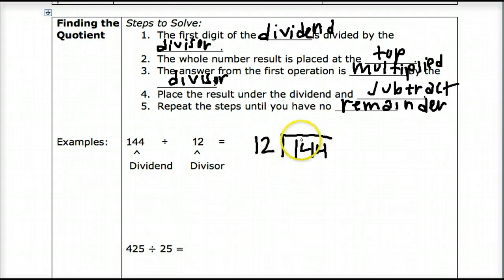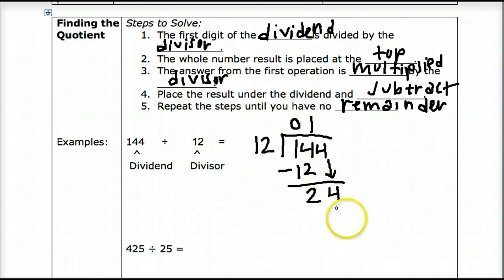And we know that 12 will not divide into 1, so we can put a 0 here as a placeholder and move on to our next number. 12 will go into 14 one time, so we're going to do 1 times 12 is 12 and subtract it. That gives us 2 left over. And we know that 12 will not go into 2. Since it will not, we're going to bring down our next number.